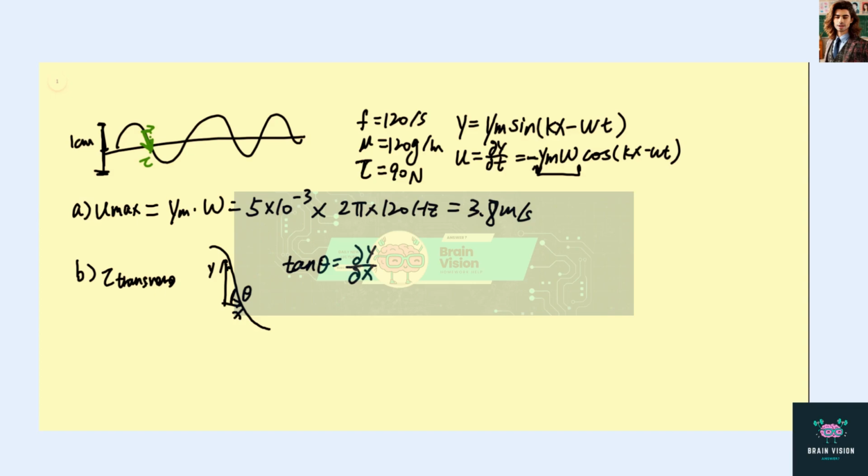This tension has a transverse component. So the component of tension in the transverse direction is total tension times sine theta.